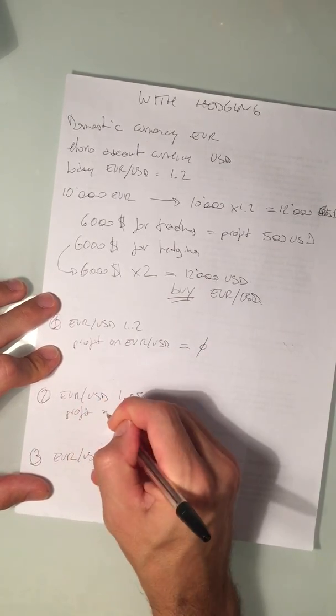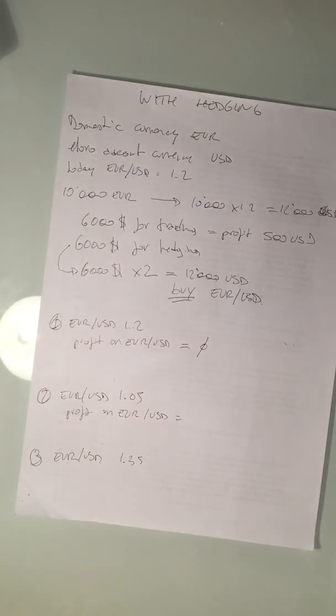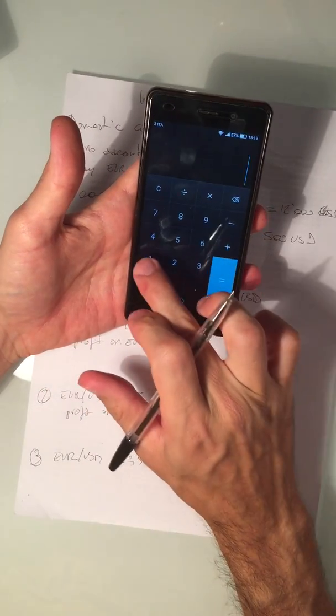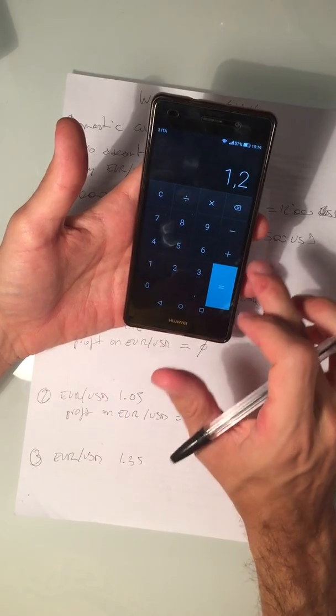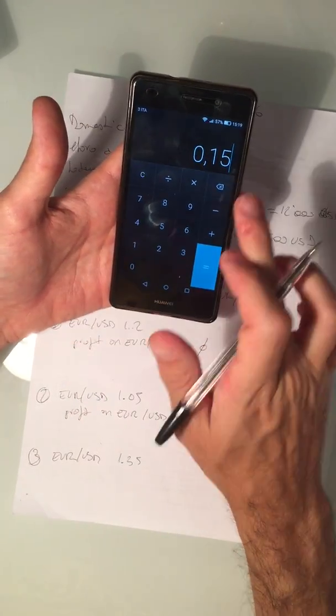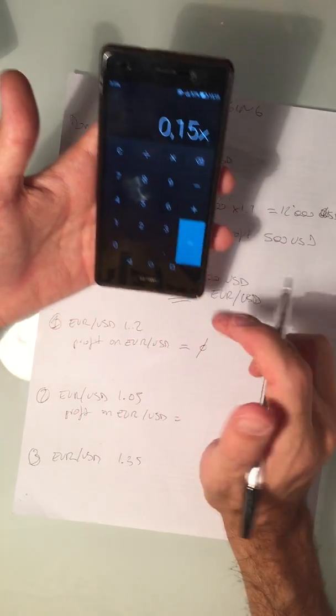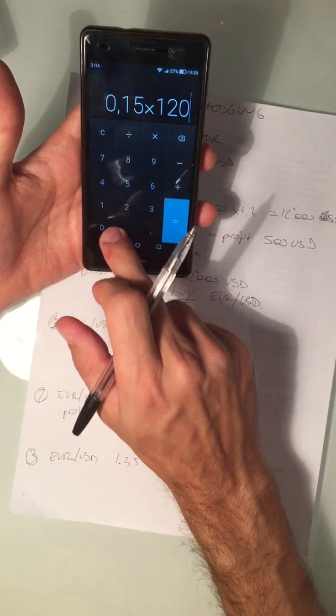Here the exchange rate is from 1.2 to 1.05. So this means it's a difference of 0.15 multiplied by what you have invested.